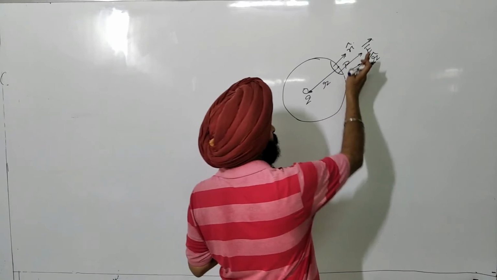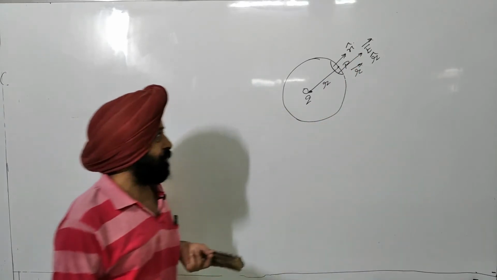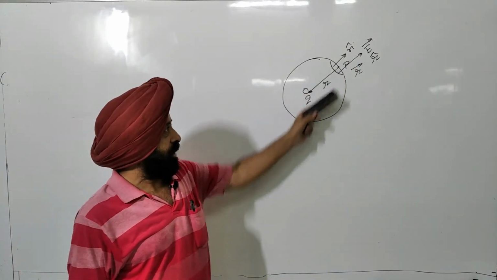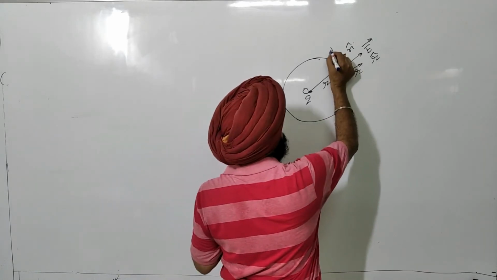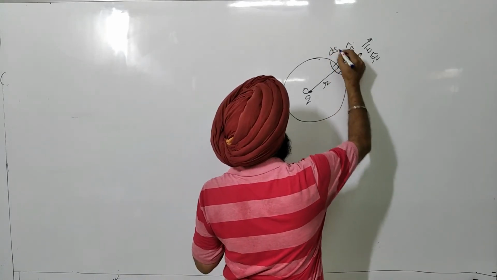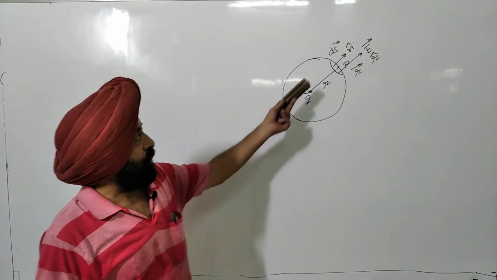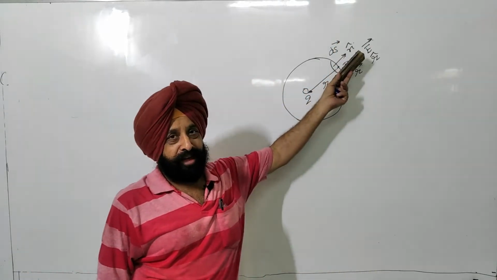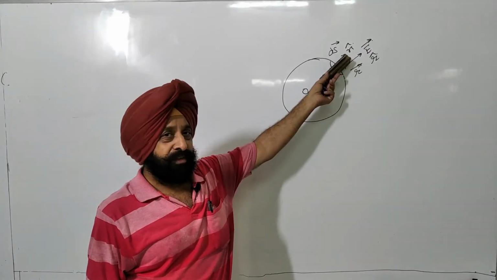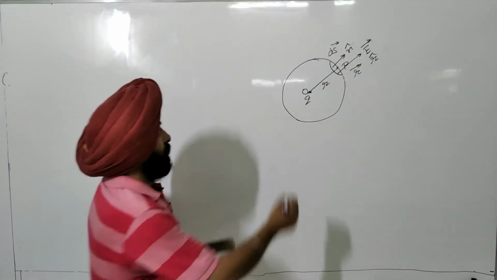This is the electric field radially outward. We take a small area element of area dS, so the area vector is dS vector, whose unit vector n cap is drawn normally outward.